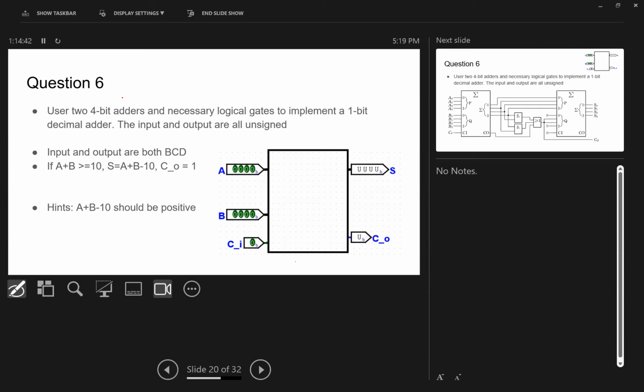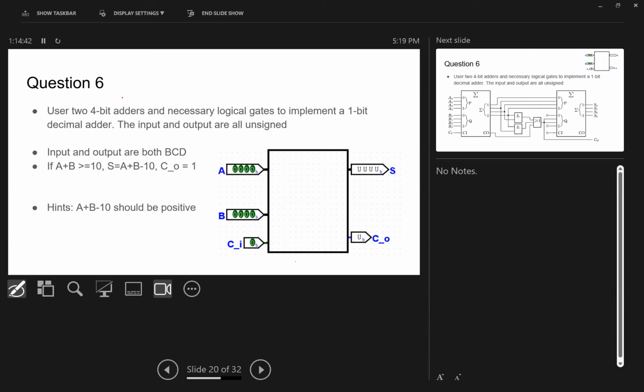The comparison result is whether A plus B is greater than or equal to 10, and it controls the result we get.